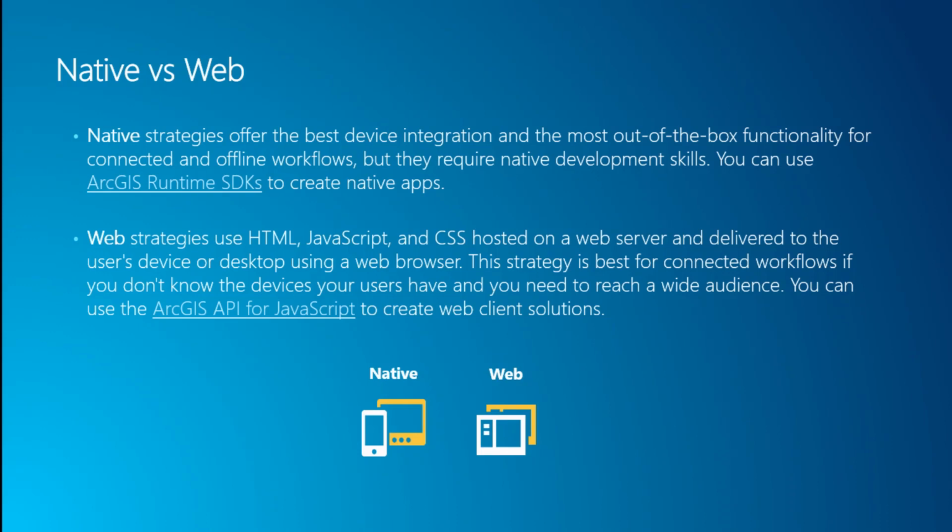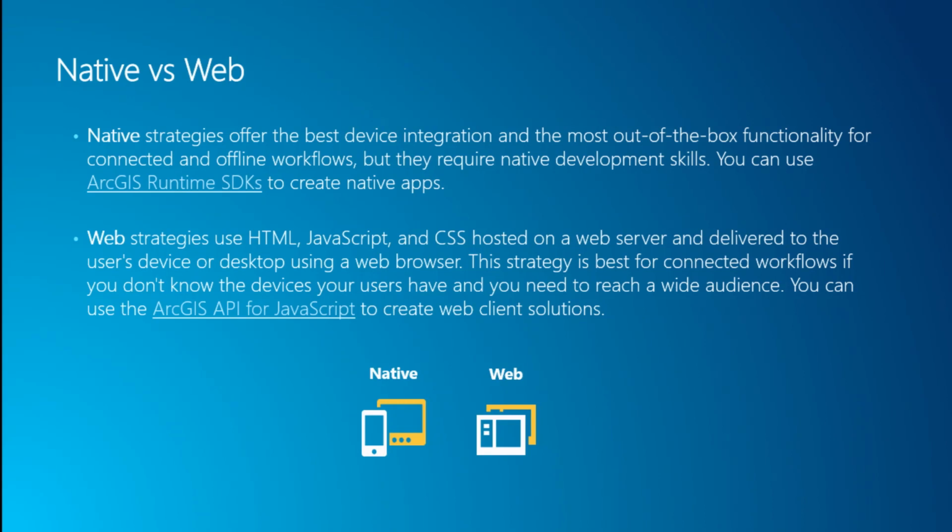But there's also web. So the web also provides, through HTML, JavaScript, CSS, and other web technologies, via web server, generally a great connected workflow for use in a browser, whether it's in a desktop or it's in an app, or whether it's on a smaller or mobile device, that's best for those connected workflows where you don't necessarily know what type of devices that your users are going to have.